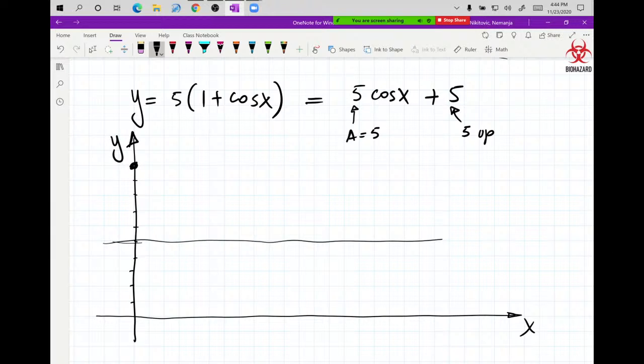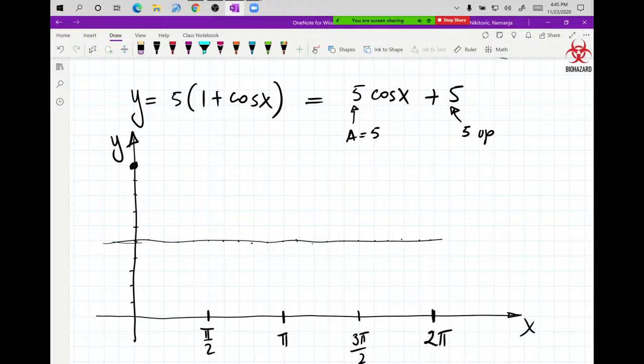So let's say 1, 2, 3, 4, 5 is pi over 2. 1, 2, 3, 4, 5 is pi. 3 pi over 2. 2 pi. These divisions are not supposed to be on the middle line. They're supposed to be on the x-axis.